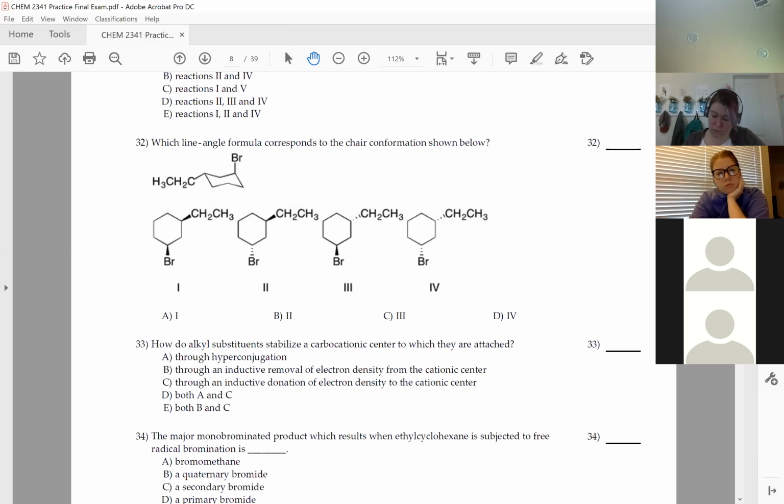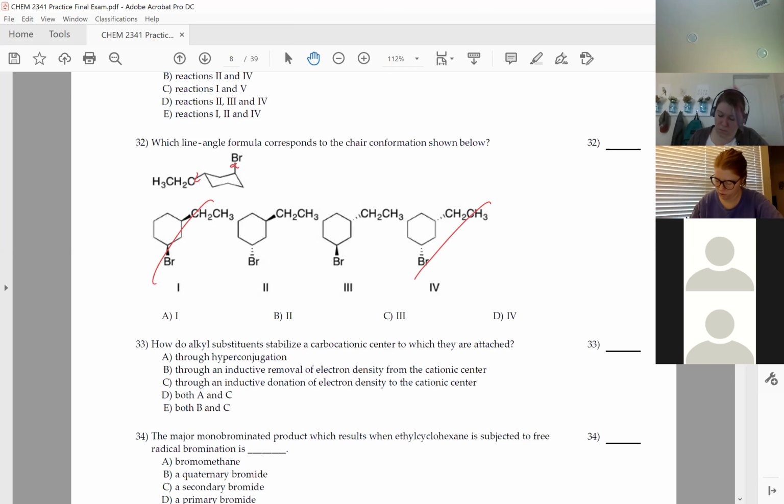Yeah, why 1 and 4? Basically, any one where bromide's pointed down. Because 1 and 4 are cis when in the chair conformation they're trans. Right, so in the chair conformation, we have one that's up and one that's down. So that makes them trans, and 1 and 4 are cis. So we have to get rid of those. Okay, and then we have 2 and 3.